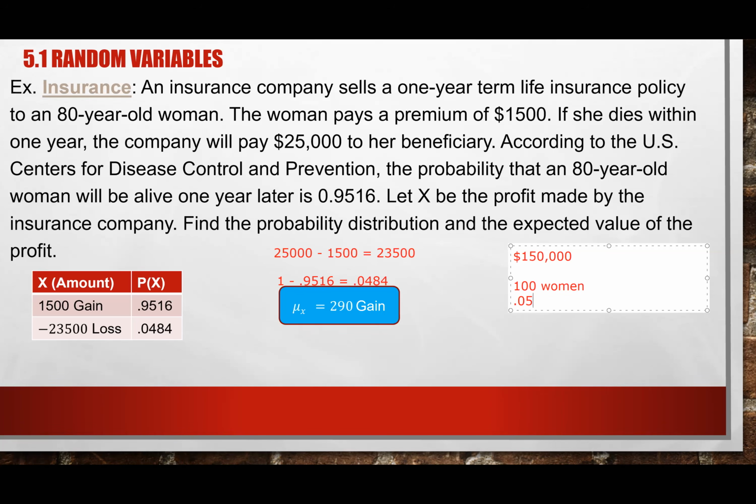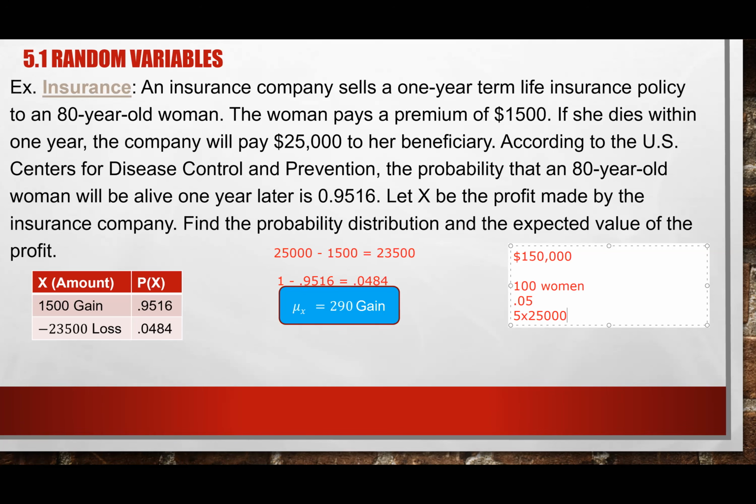And if 5 of them die, do you agree that it is 5 times 25,000? What does 5 times 25,000 give us?